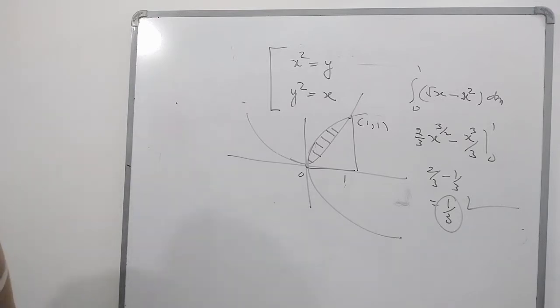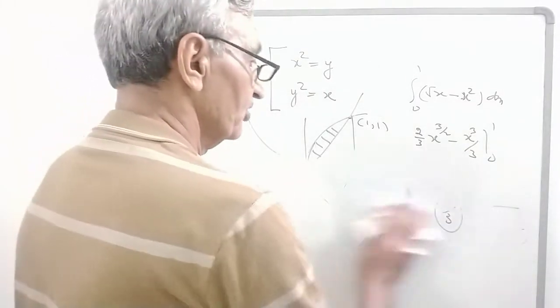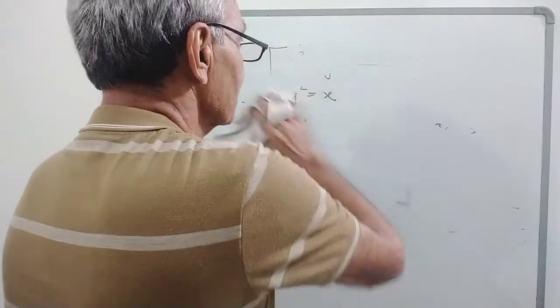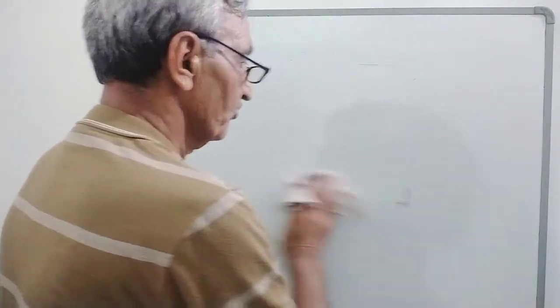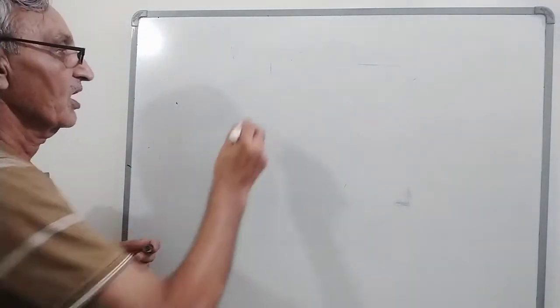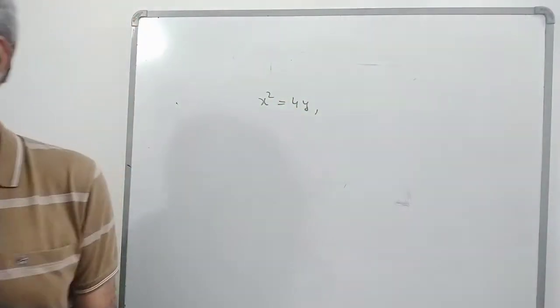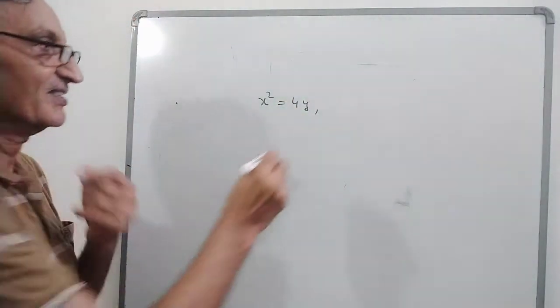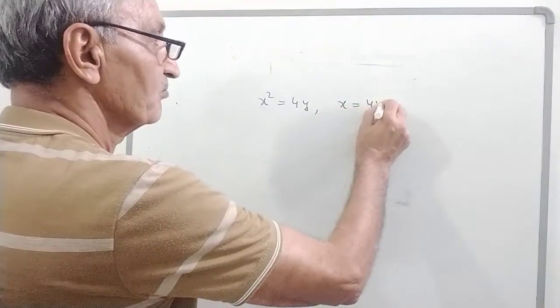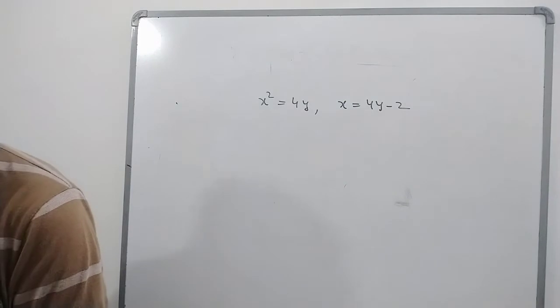Before I end this topic of area under curve, I will do two more questions, and I look forward to your comments on how you like them. The first: x square is equal to 4y, a parabola, and y is equal to x plus 2 over 4. Find the area included between these two curves.